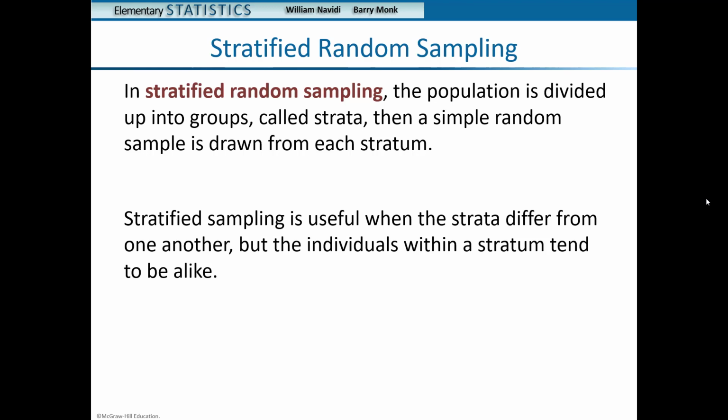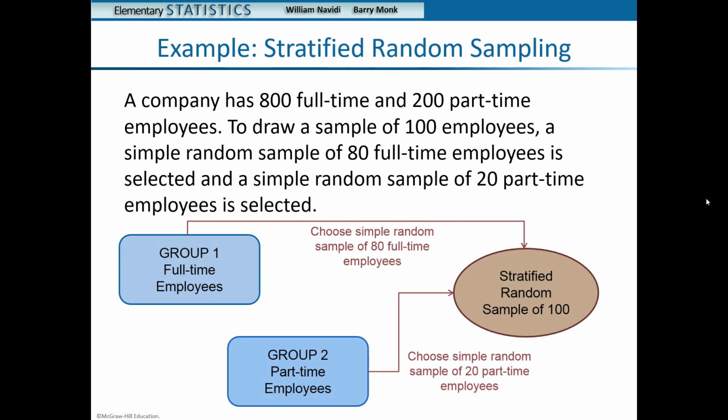But then stratified sampling can also be used to guarantee that the proportions of our final sample match those of the population. Kind of like this example right here. A company has 800 full-time and 200 part-time employees. To draw a sample of 100 employees, a simple random sample of 80 full-time employees is selected, and a simple random sample of 20 part-time employees is selected, right?